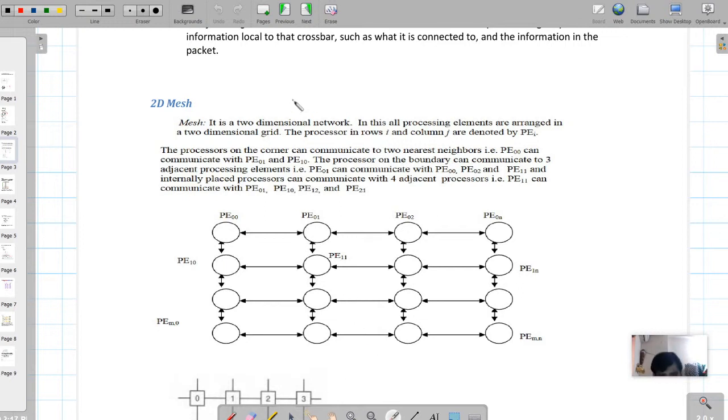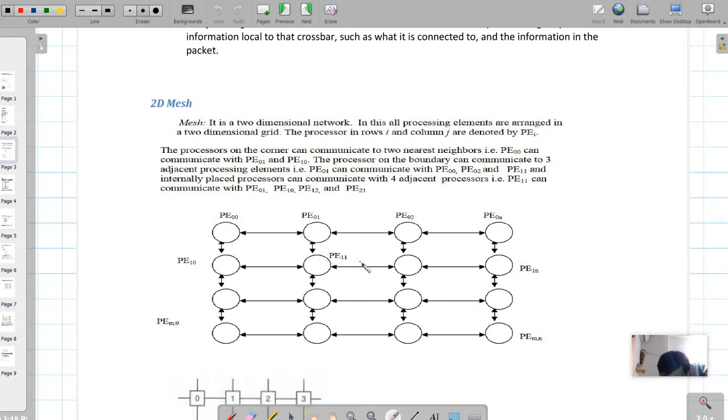Okay, if you look into the diagram carefully, you can find that a processor can communicate with its adjacent left and right processor and adjacent upper and lower processor. Say processor P11.